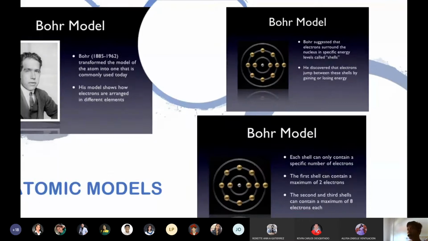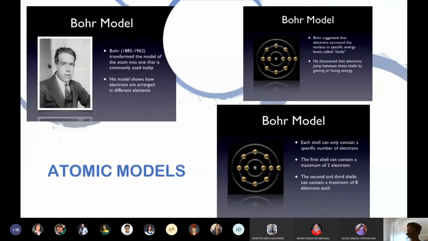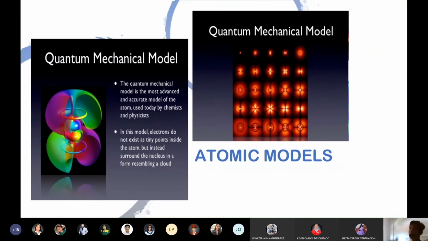That actually started the idea of quantum mechanics. Thanks to Niels Bohr for making life complicated, but explainable naman. Then naging complicated na nga yung mga bagay-bagay, and that led to the quantum mechanical model of an atom.